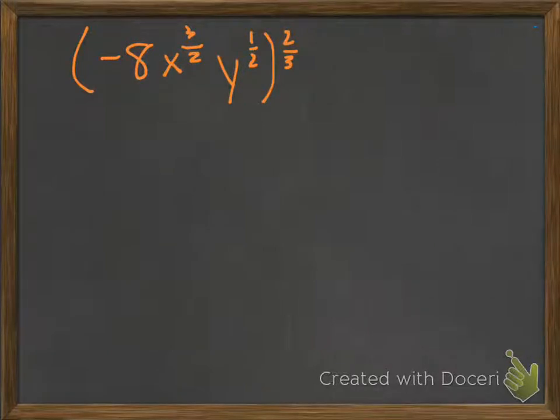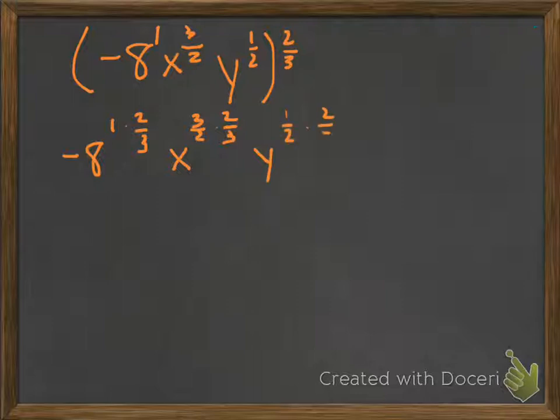So I'm going to distribute this 2/3 power into all of these exponents. So it will now be negative 8, 1 times 2/3, and then x raised to the 3/2 times 2/3, and then we have y to the 1/2 times 2/3.